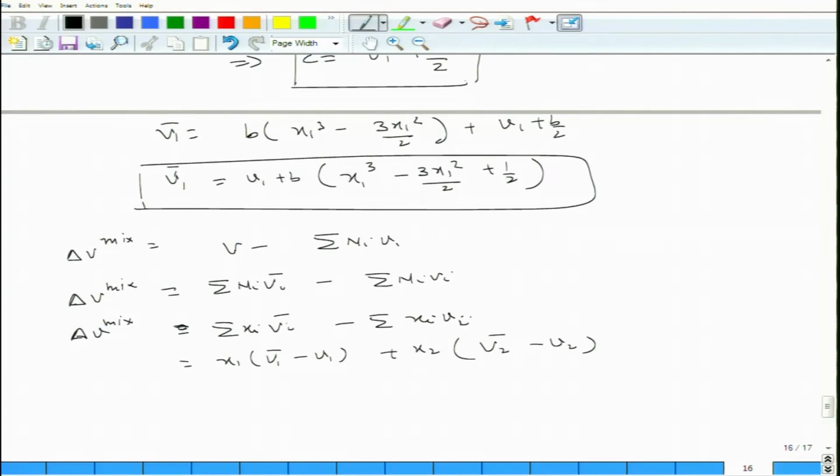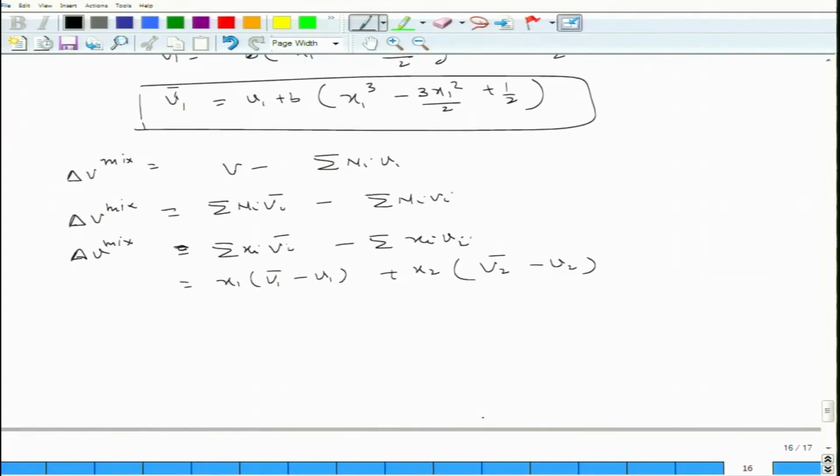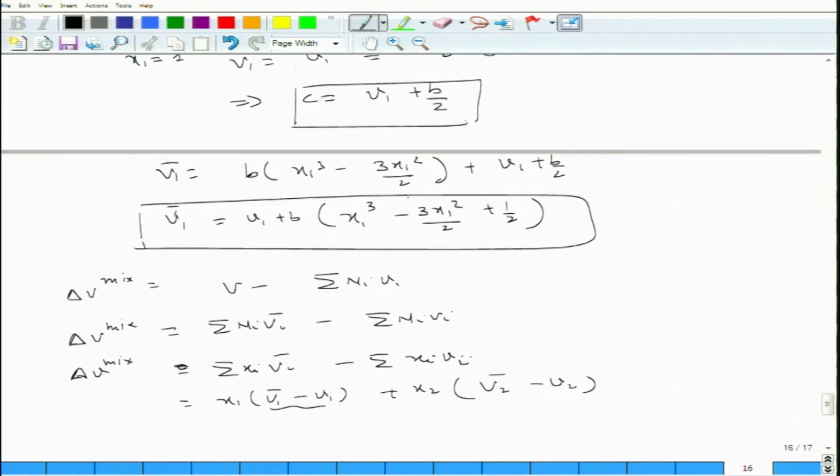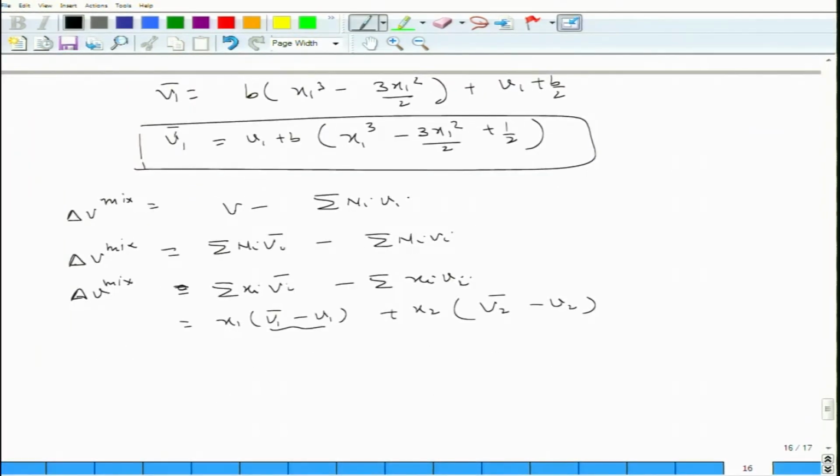Now, this expression we have already: V1 bar minus V1 is nothing but b times this expression, and V2 bar minus V2 is nothing but a plus b x1 cube minus a, since small V2 is nothing but a. And this is nothing but x1 times b x1 cube minus 3 x1 square by 2 plus one half.